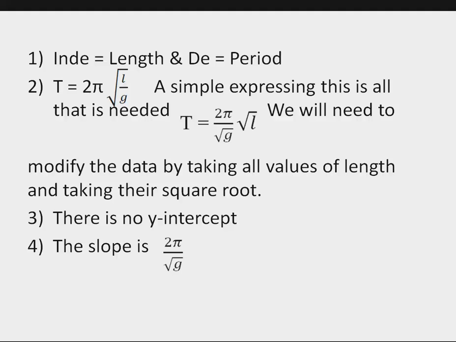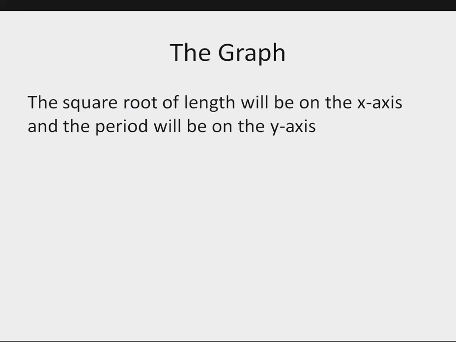The equation shows me there's no y-intercept and that the slope of the graph that I produce will be 2 pi over the square root of g. So when I calculate the slope, I would set that equal to 2 pi over the square root of g, and I would solve for g. Again, the graph, on the x-axis we will have the square root of length, and on the y-axis we would have the period.